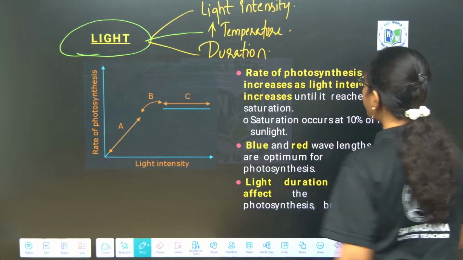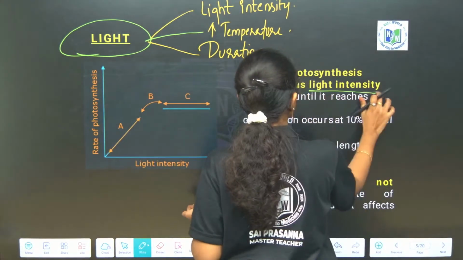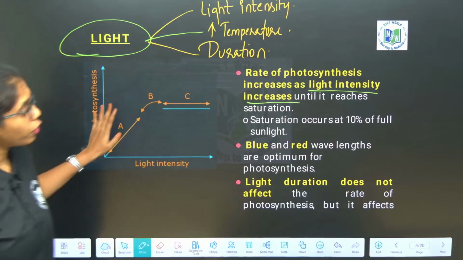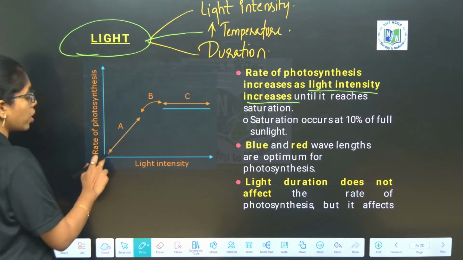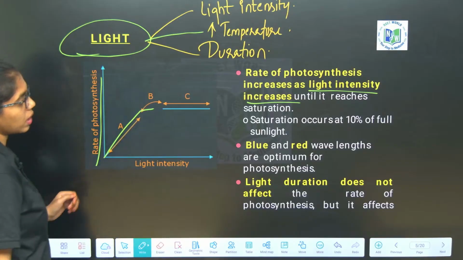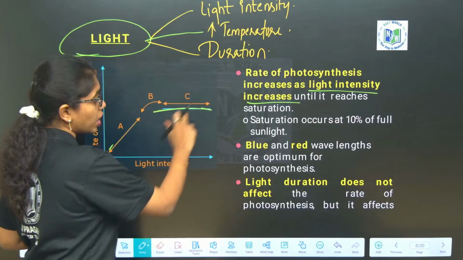The rate of photosynthesis will increase initially as light intensity increases, as carbon fixation rate increases, until it reaches a saturation point.